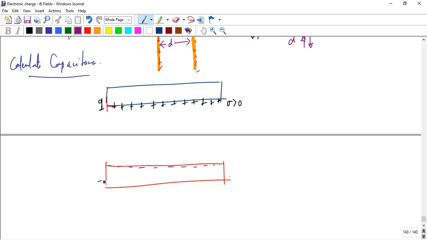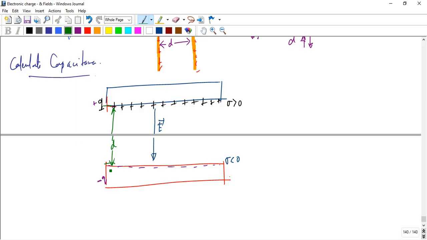Obviously the absolute value is the same: there is a plus Q and a minus Q. Now the electric field points in that direction. Here sigma is less than 0. D is the separation between these two plates.